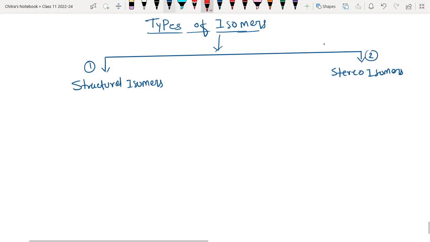Okay, in order to understand this in a simple way, you just have to remember. I'm just discussing the structural ones.